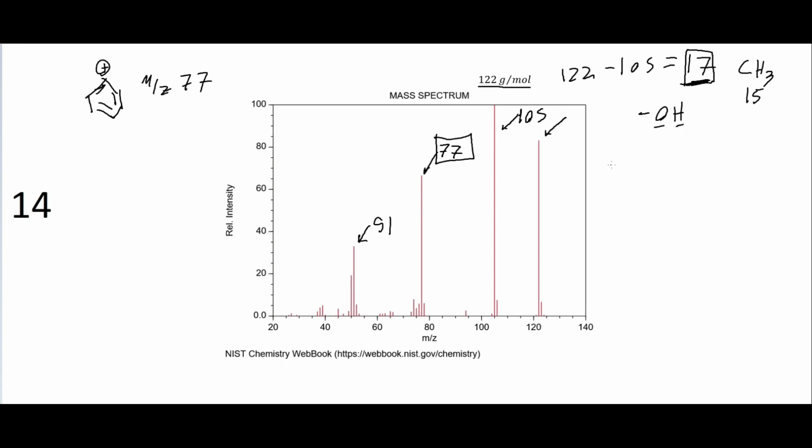And so what we have is 105. We can do 105 minus 77 to see what kind of group we might still have on here. 28. And so we can try to think of maybe a group that is around 28. So that's close to an ethyl group, an ethyl group being 29, but it could also possibly be something like a carbon monoxide.